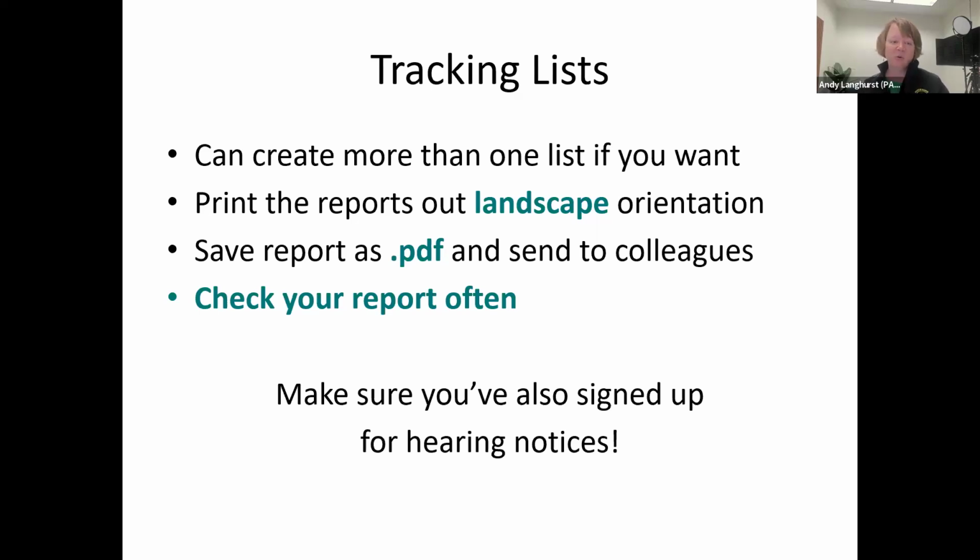And then just a few more takeaways on tracking list. You can create more than one list if you want. We suggest you print it out in landscape orientation because then all the columns will fit more easily and it's more readable. If you are printing it, you could save it as a PDF if you're sharing it with colleagues or other advocates, and just make sure you run it as often as you need to see the updated text.